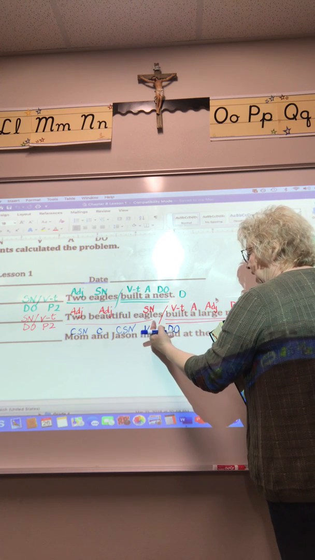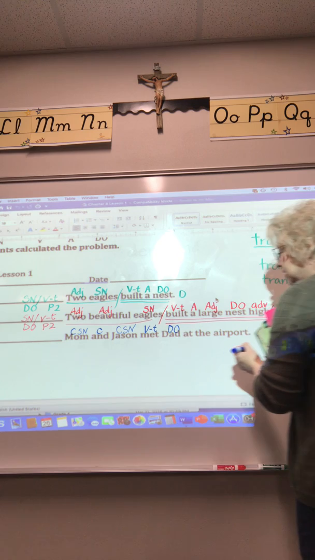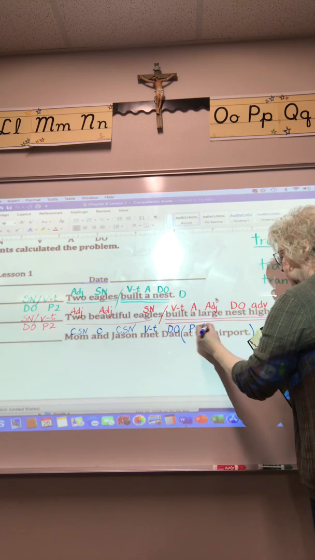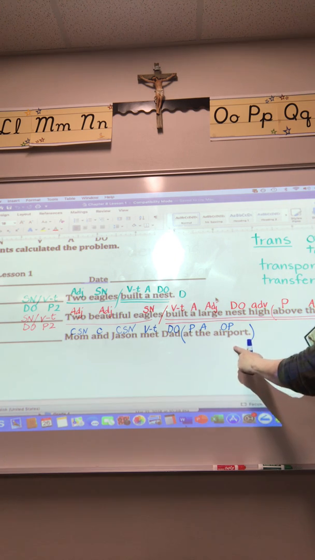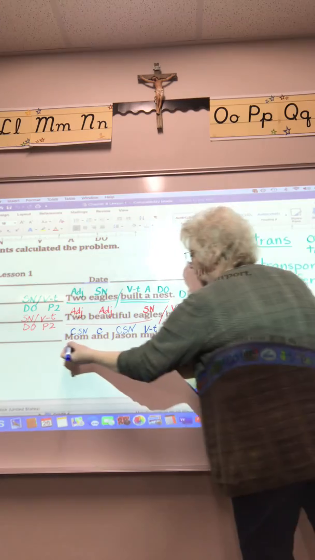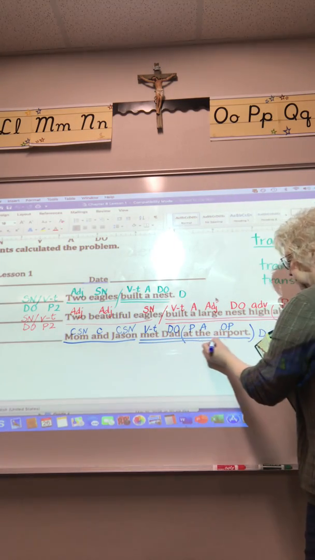They transfer the action from the verb to Dad, so they met Dad, which makes this verb transitive. And at the airport is a prepositional phrase. This is a telling sentence. It's a declarative.